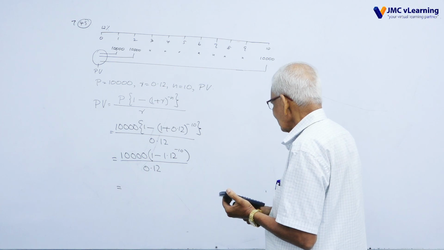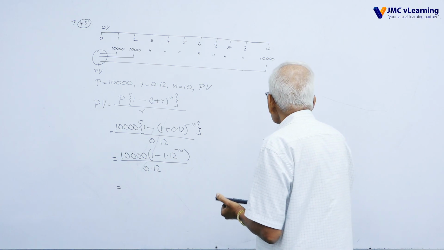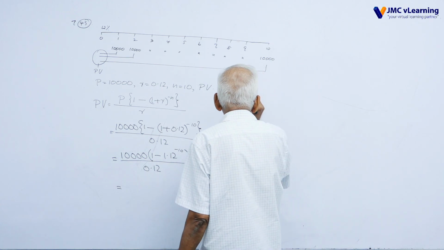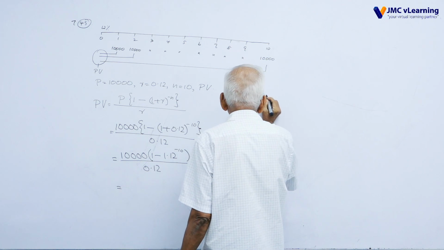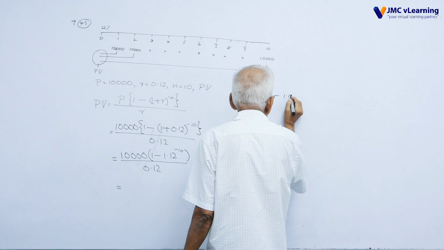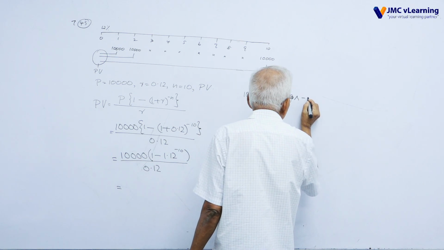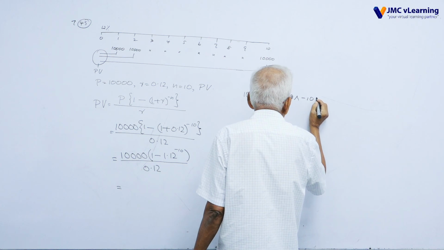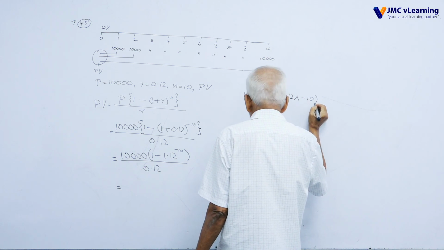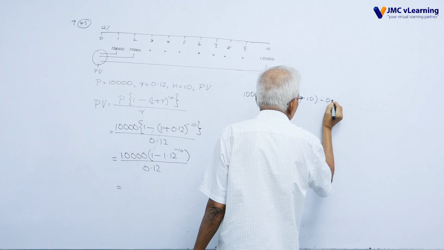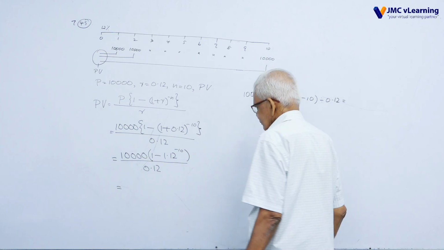Now this is how you have to write down in the calculator. First 10,000, brackets 1 minus 1.12 to the power negative 10, close the bracket, division 0.12 equal.